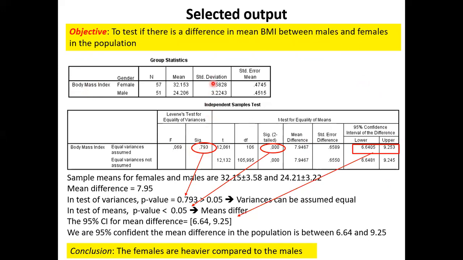The p-value is more than 0.05, the assumption is met. So continue. First row, we come to the test of means. Again, the test is based on the t statistic. Look, it's very high. So p-value less than 0.05. We conclude the means differ by how much? The last two columns, anywhere between 6.64 and 9.25. So that's your objective, and that's a conclusion.